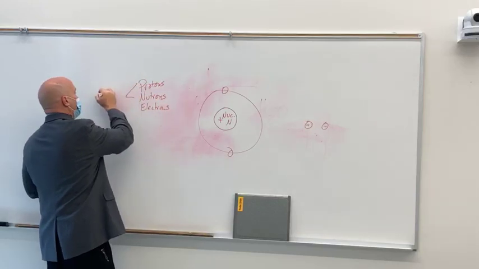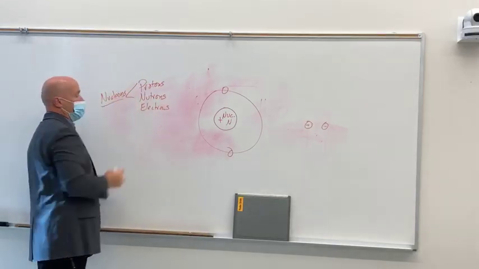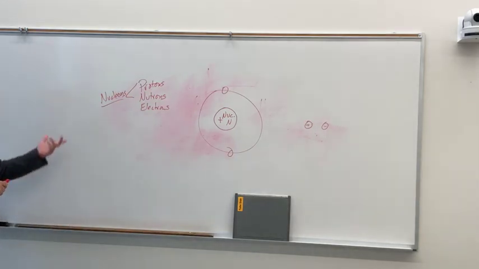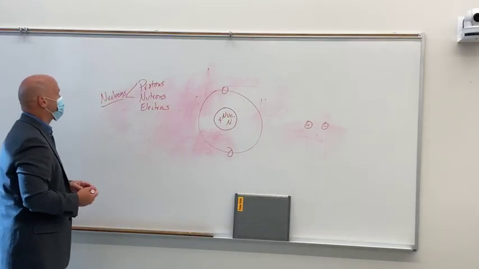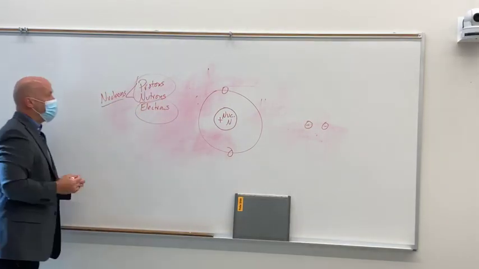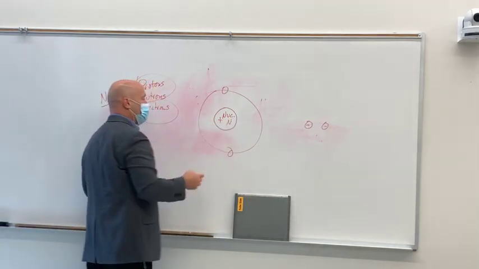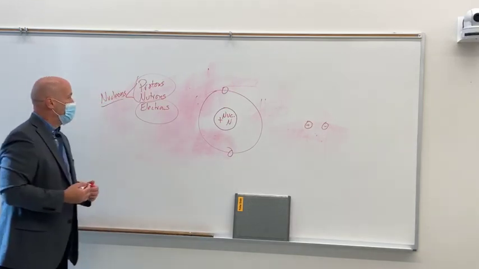Okay, so these two are what we're going to call nucleons. We're not going to call them that very often; we probably just called them that for the last time. So we've got the nucleus and we've got electrons. Protons and neutrons live inside the nucleus of the atom with the electrons on the outside.